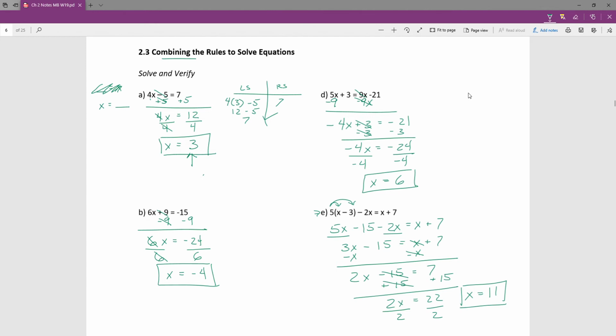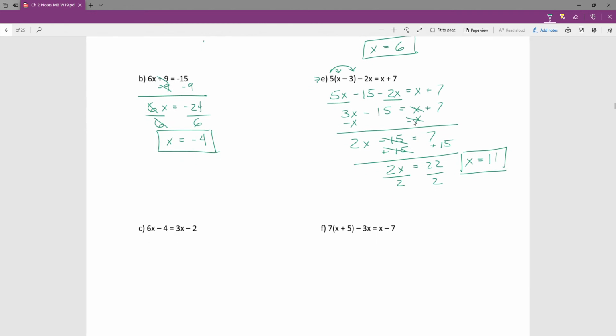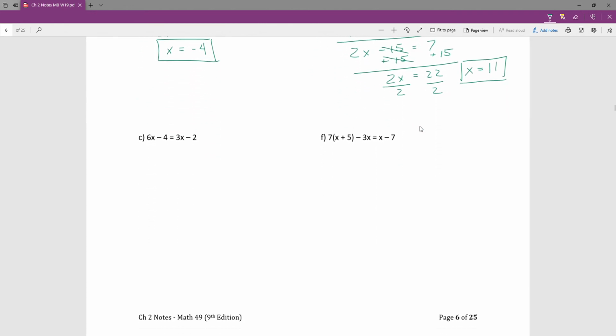I think in those 4 examples, it gives you a lot to kind of refresh your memory and put it all together. The 2 at the bottom, I'm going to show my work real quick, and then you can check as you go here. Sometimes you do get fractions as answers.